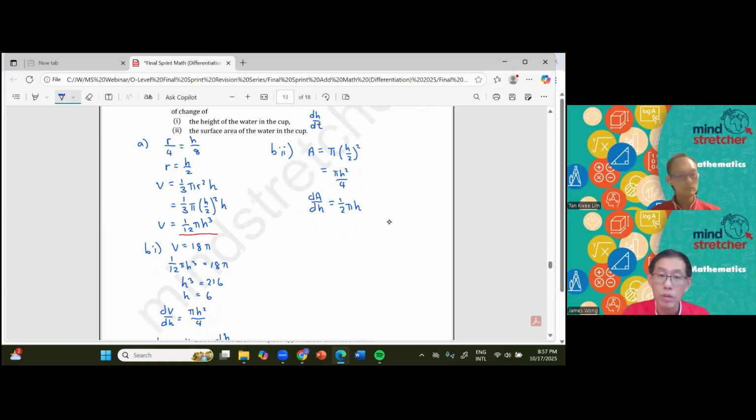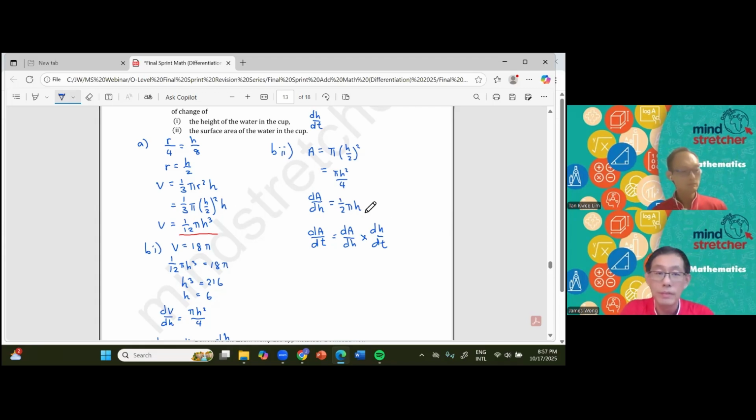Just now it was dV/dt, now it will be dA/dt. Instead of dV/dH, I have dA/dH multiplied by dH/dt. So this is my chain rule involving the area.